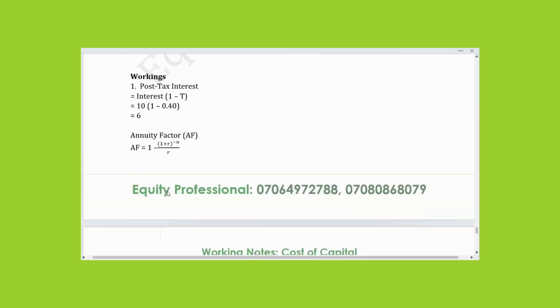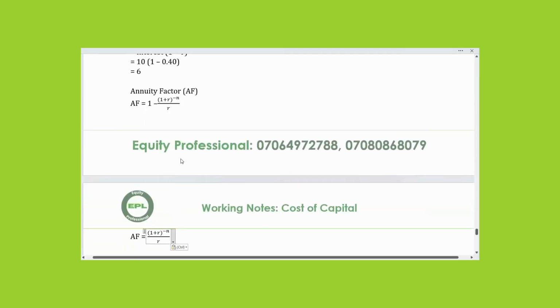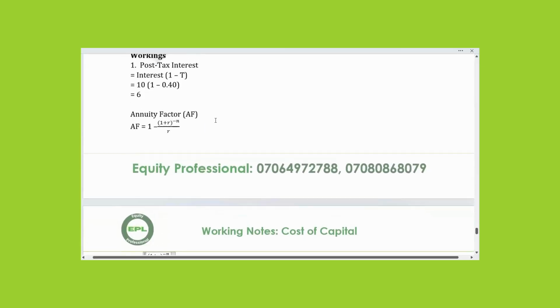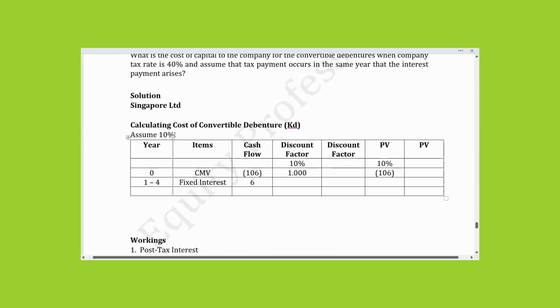Then AF, annuity factor, is equal to 1 minus. According to the question, R is equal to 10%, because we assume a 10% discount rate.